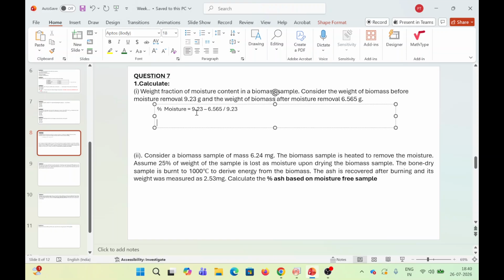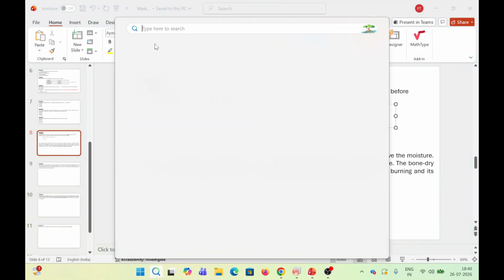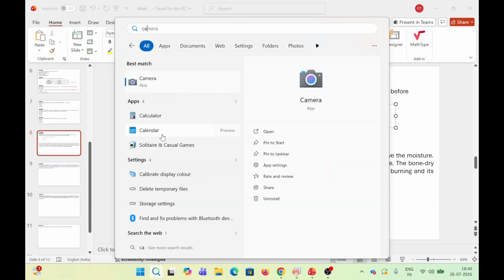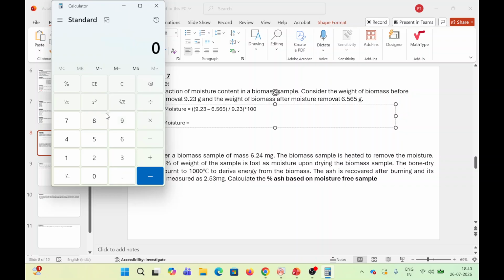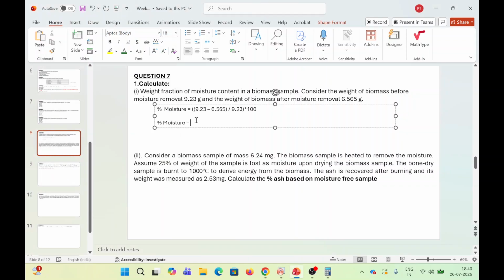So, 9.23 minus 6.565, that gives 28.87%.